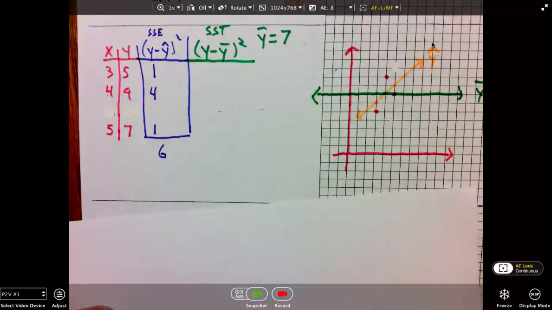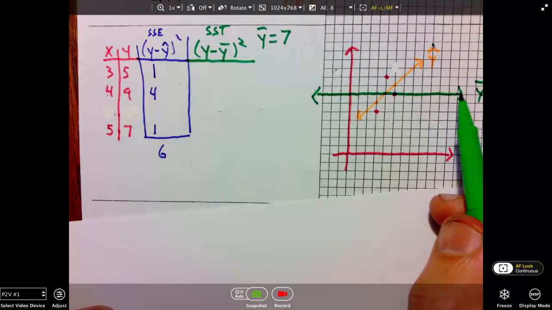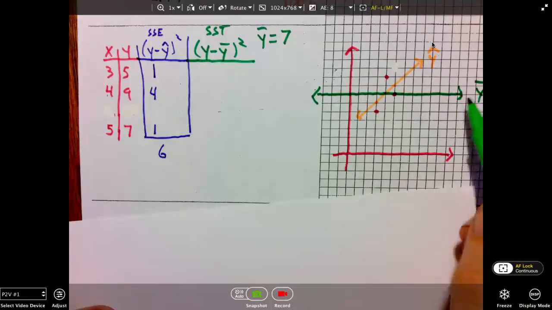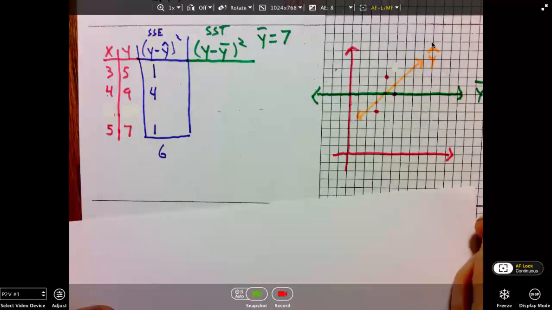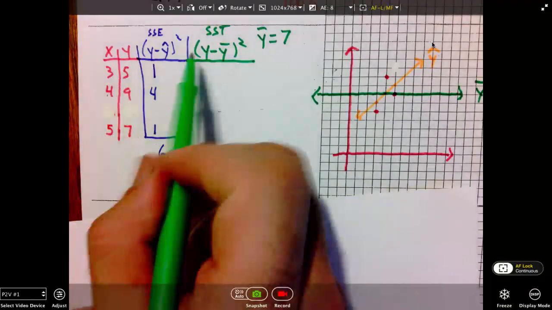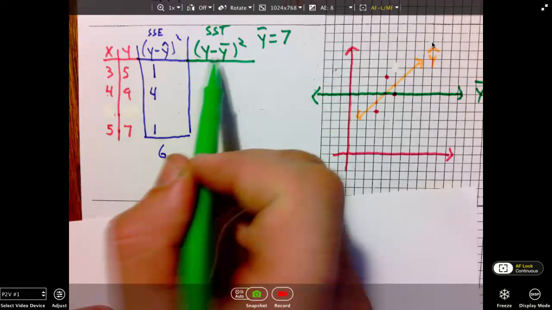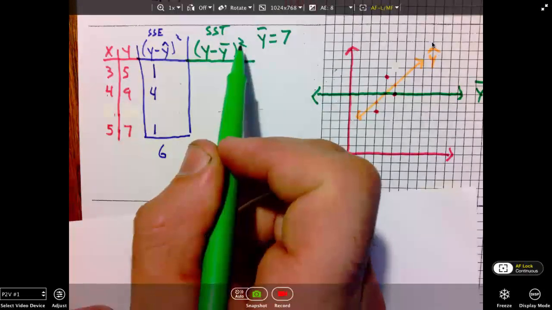If we weren't sensitive to the x, it's the best reasonable guess. Right? It takes no account to what the x is. So the first y is 5. Y bar is 7. 5 minus 7 is -2. -2 quantity squared, 4.